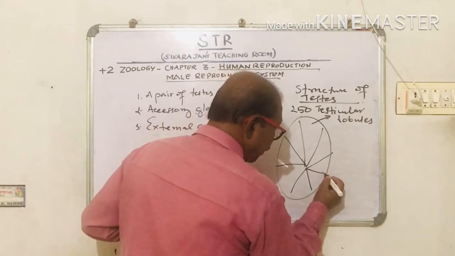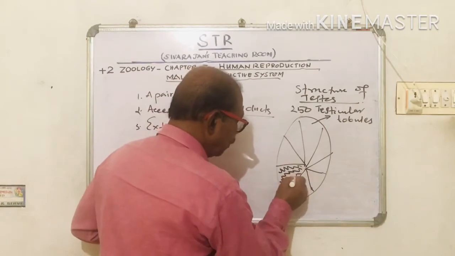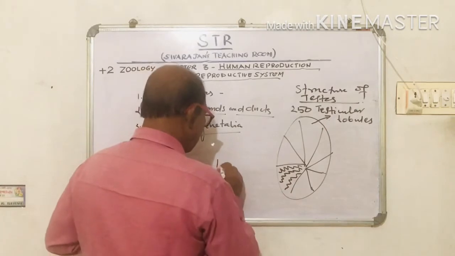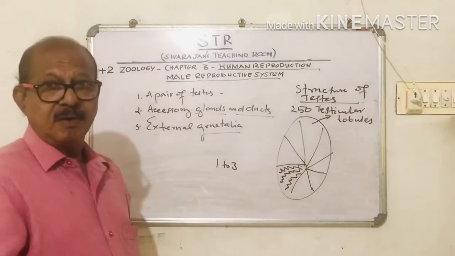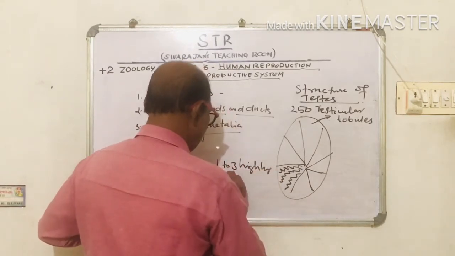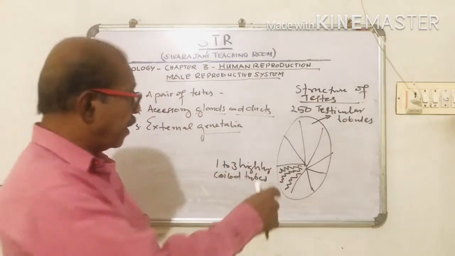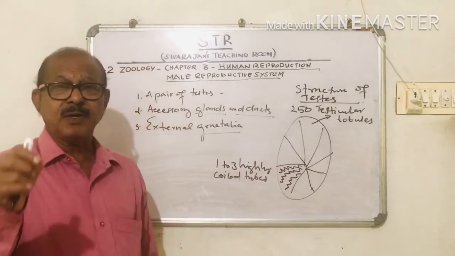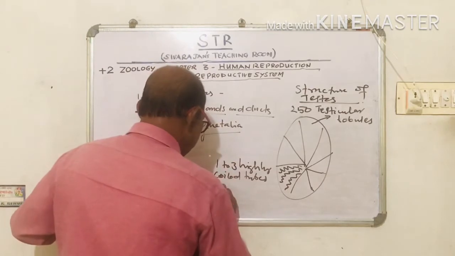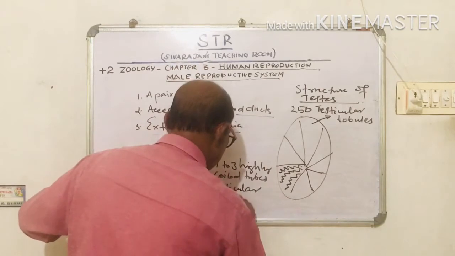Inside each testicular lobule, there may be one, or two, or even three, 1 to 3 highly coiled tubes. In each compartment there are 1 to 3 highly coiled tubes called testicular tubules.